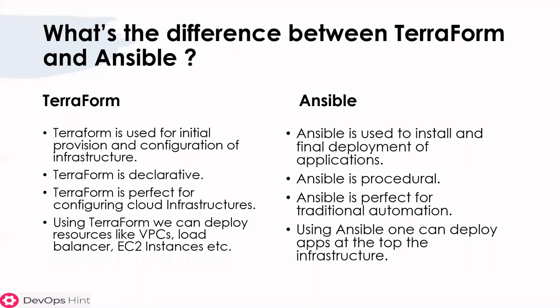Ansible is a configuration management tool. Ansible is procedural, and it's perfect for traditional automation. Using Ansible, one can deploy apps on top of the infrastructure. Ansible is used to configure that application rather than managing the infrastructure.